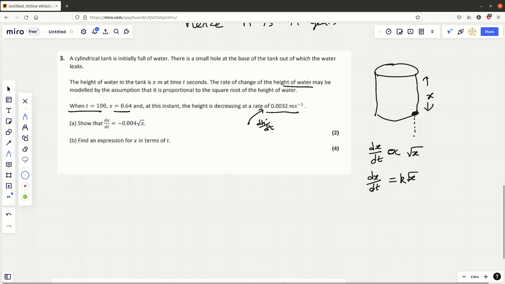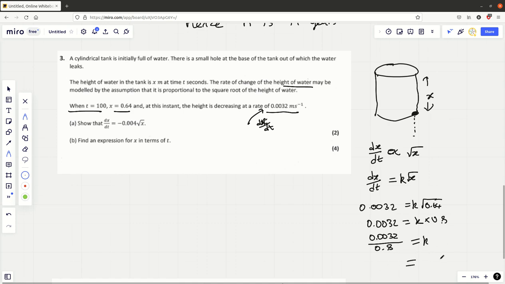Okay, so we're now going to plug in dx by dt is 0.0032 when x is 0.64. The square root of 0.64 is 0.8, so you're going to get 0.0032 is k times 0.8. So now we can divide that over there, so you're going to get 0.0032 over 0.8 is k.